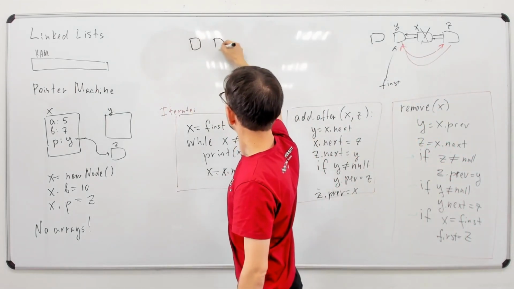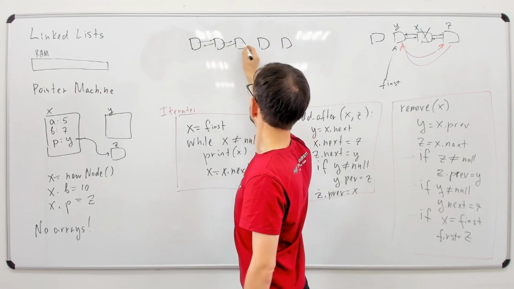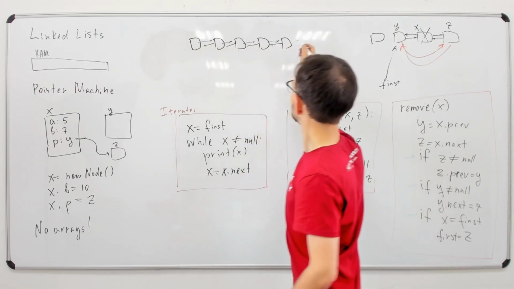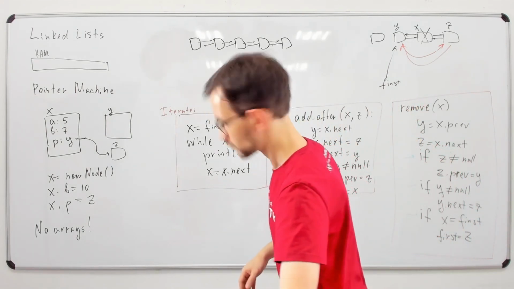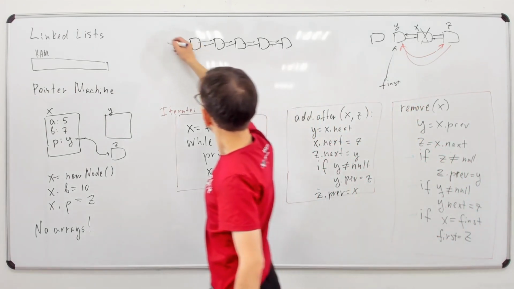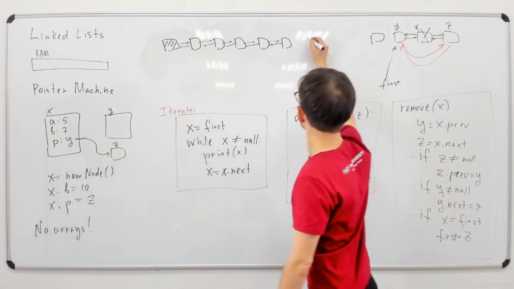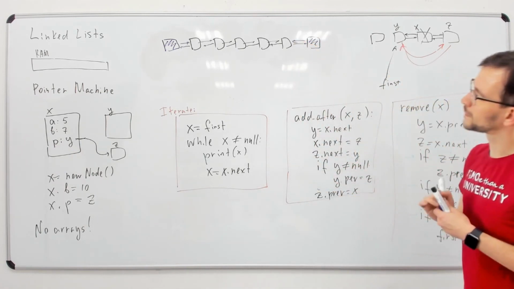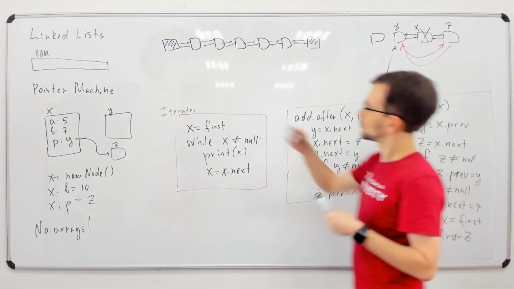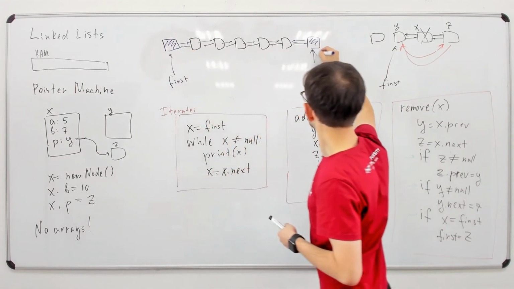You have these elements of your linked list, something like that, and you add two additional elements. An additional element here, and another additional element here. And you link first to this element, and last to this element.